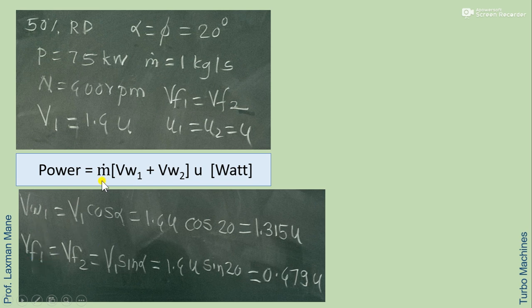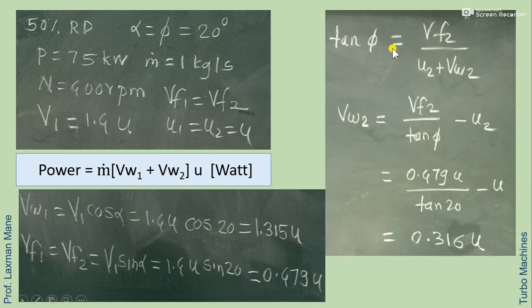But as here the relation is between absolute velocity and blade velocity, we can put the V1 value in this expression in terms of U. So we get VW1 in terms of U, VF1 equation in terms of U.